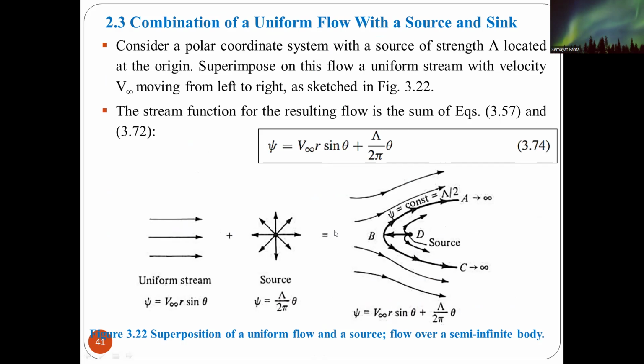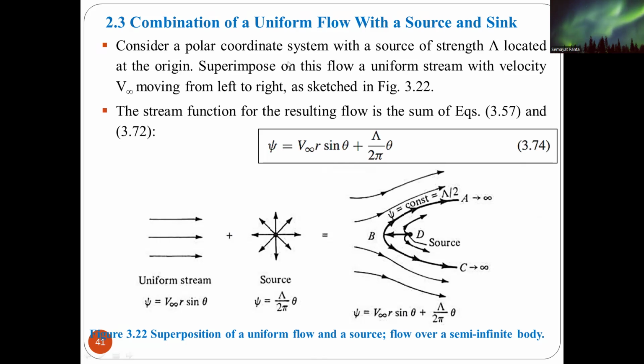As we have discussed, each of the flow patterns satisfies the Laplace equation, so the solutions will superimpose and produce another solution which also satisfies Laplace's equation, because they are linear algebraic equations.